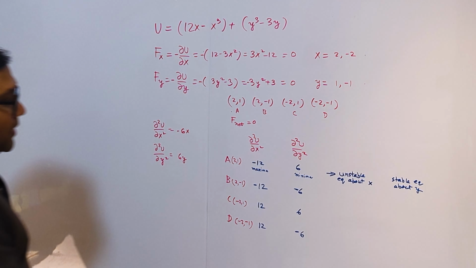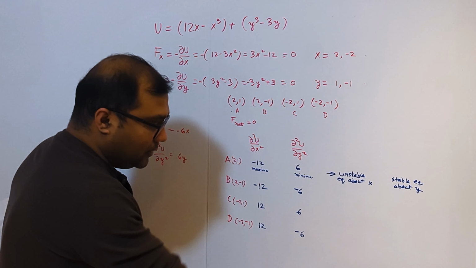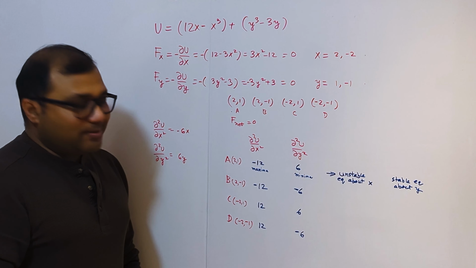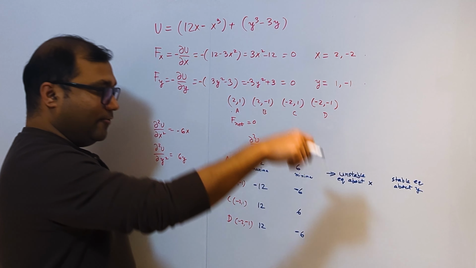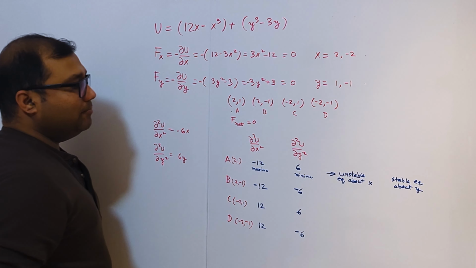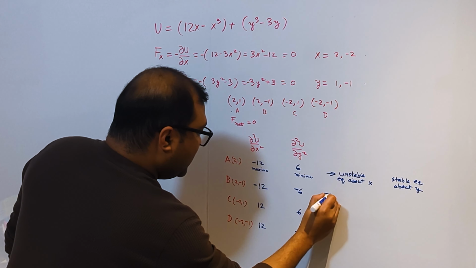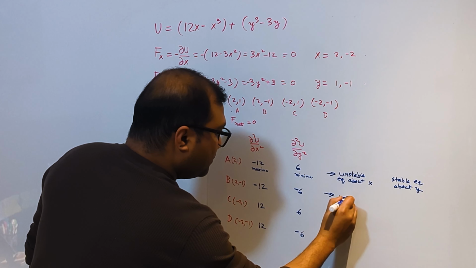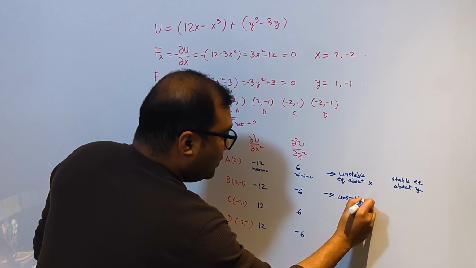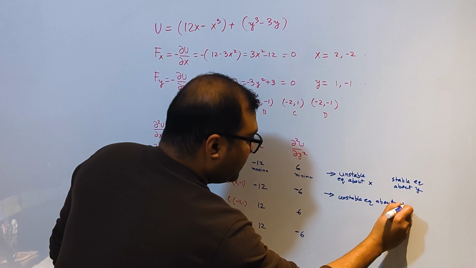Okay, it means if I move the body in the x direction, it is unstable. It will not return back to the same position. But if I move the body in the y direction, it will return back to the same position. Okay, so for this one, both are maxima here, so this is unstable equilibrium about both x and y.